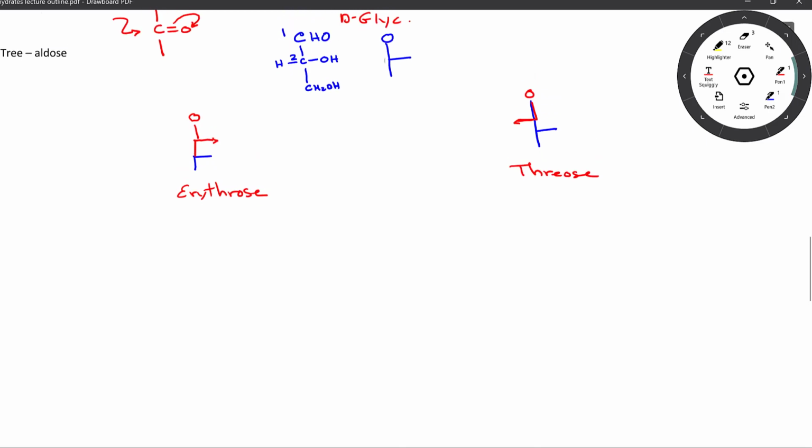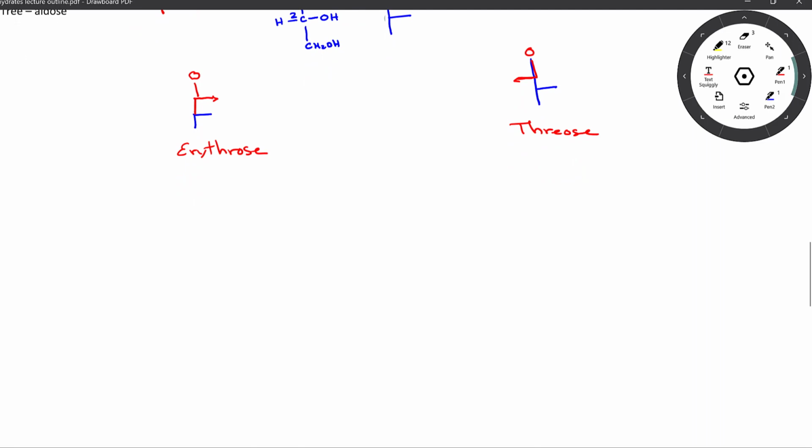Now, if I add another carbon to that, so now I have this chain like this. I'm going to add another carbon. That next carbon adds like this, right? So what I have is I've added this, and then underneath erythrose I would have two.